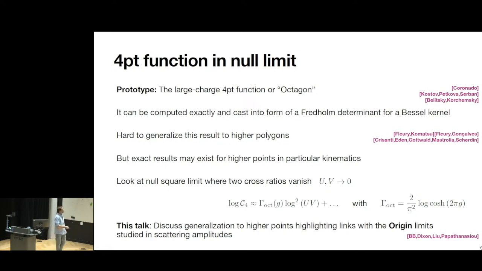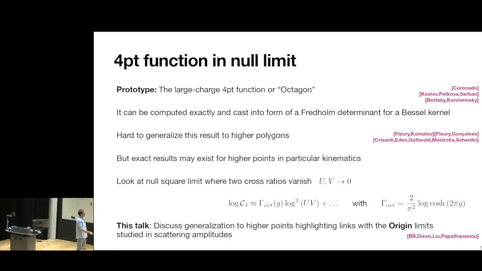And Frank observed through many loops, and later on, people here proved it, that the log of the correlation function is quadratic in the logs of these small cross ratios, and is entirely controlled by a single coefficient of the coupling, which is this octagon anomalous dimension.